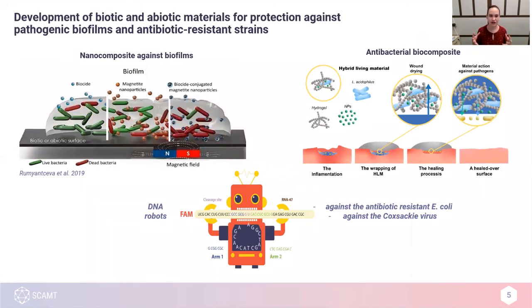Another way to affect the activity of microbial communities is to use different biotic and abiotic materials to regulate it. For example, with a group of Nanopharmacy we construct different nanocomposites that are active against biofilms.